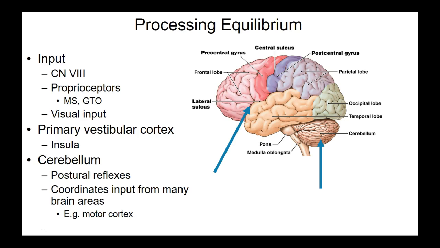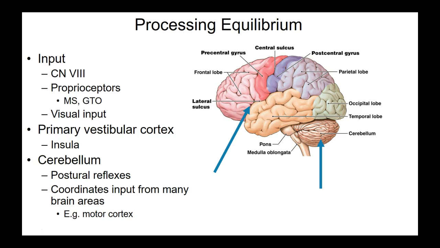So like I said about the slanted room, if you're going to have the intent to walk across a room that appears slanted, that plan starts off in the motor association area, then that plan is sent to the primary motor cortex, which is going to send that out.